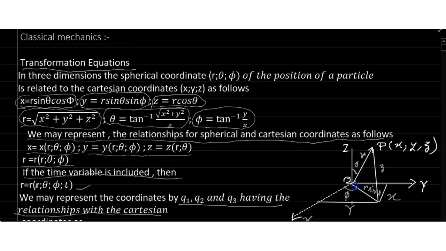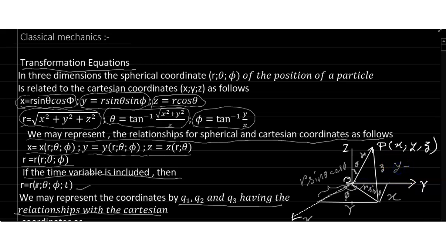Because this is r, this is theta, this is phi, and this portion is r sine theta. This portion is r sine theta, and this is cos phi. Cos phi is this position. I get this position is r cos theta, r sine theta cos phi, and this position is r sine theta.